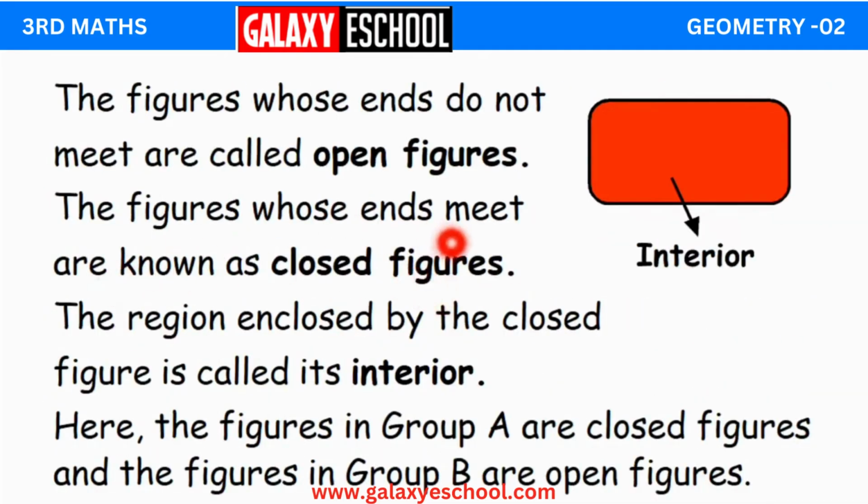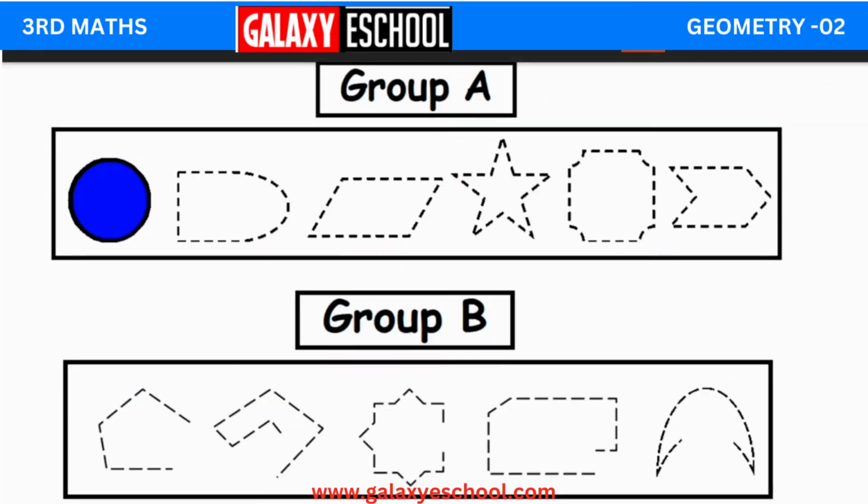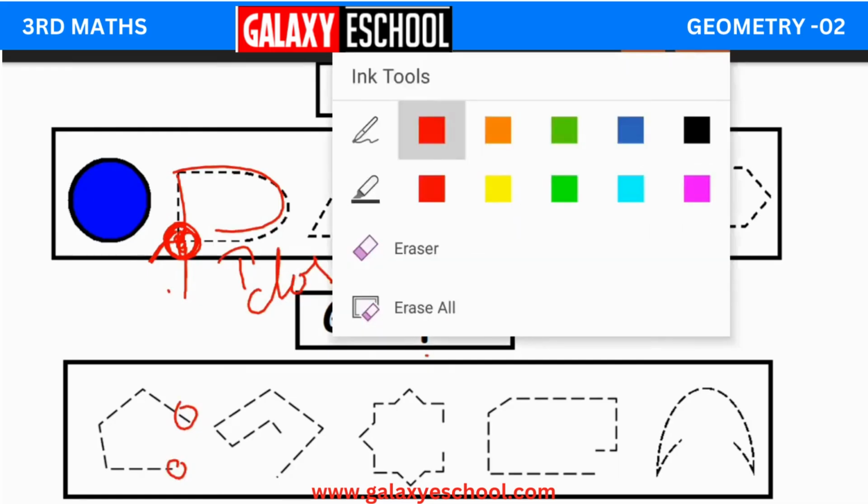The figures whose ends meet are known as closed figures. Ends in the sense, this is the starting point, this is the ending point. These 2 points are the same, they are meeting. So this will be called a closed figure. The ends meet, so it is called a closed figure.